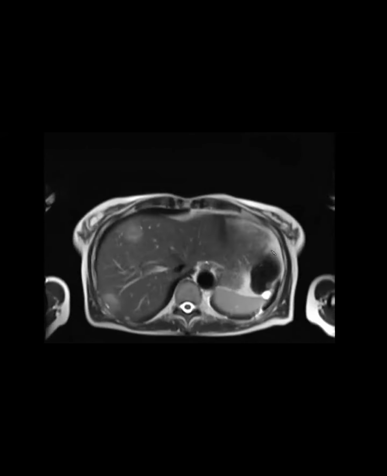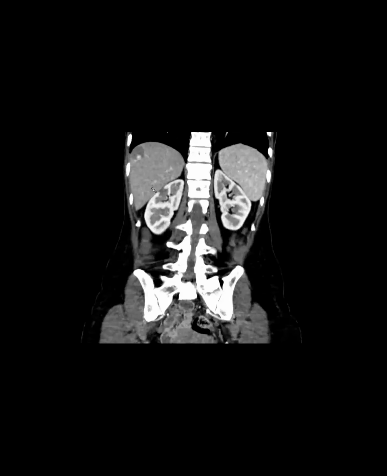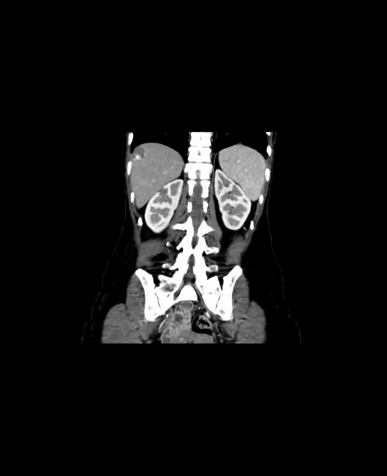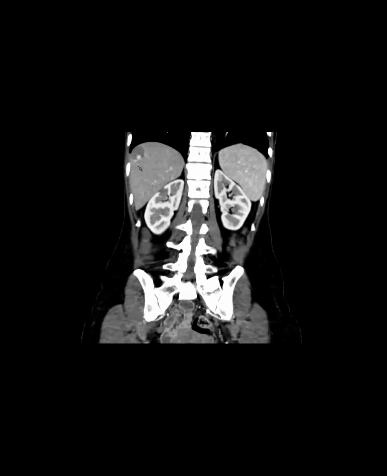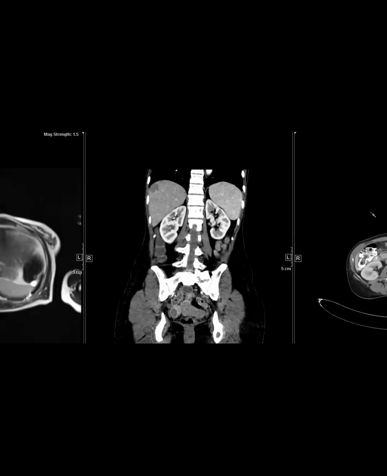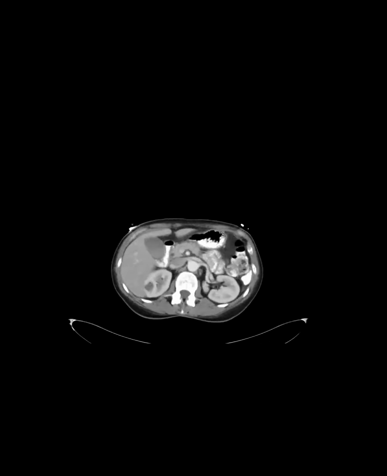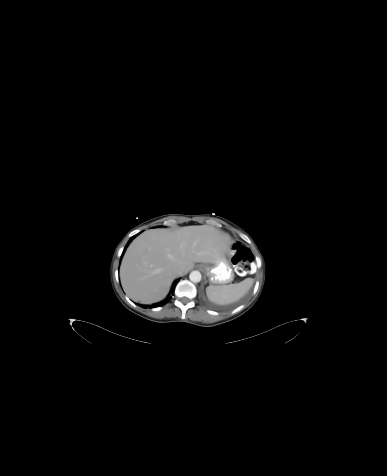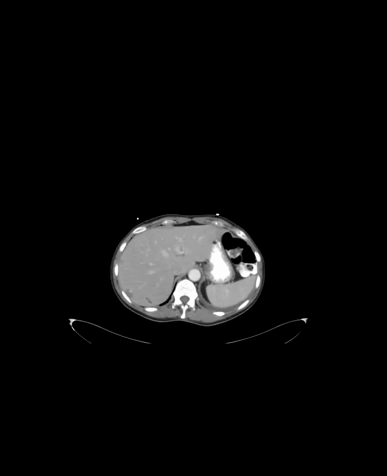I guess the teaching point here is that some metastatic disease can mimic hemangiomas, so we shouldn't just jump to the conclusion. Although, in this case, I would have almost said it's most likely a hemangioma, but it only had one nodule. The other big clue was that they had a prior exam from a couple of years prior, and the lesions looked quite a bit bigger.